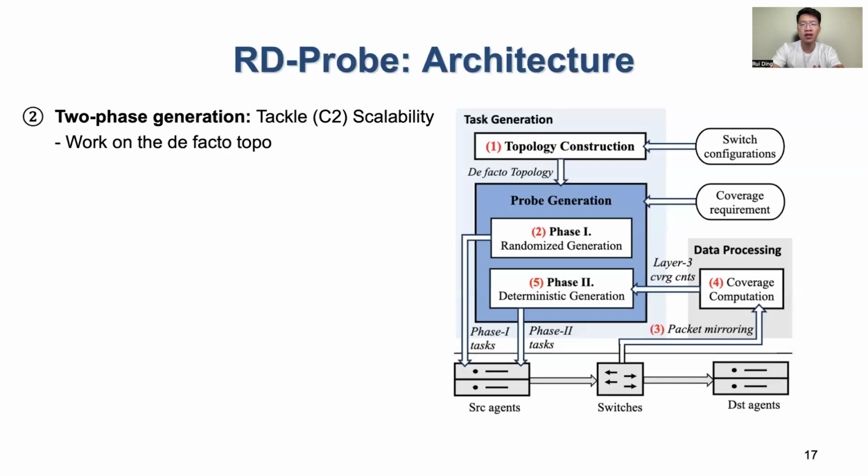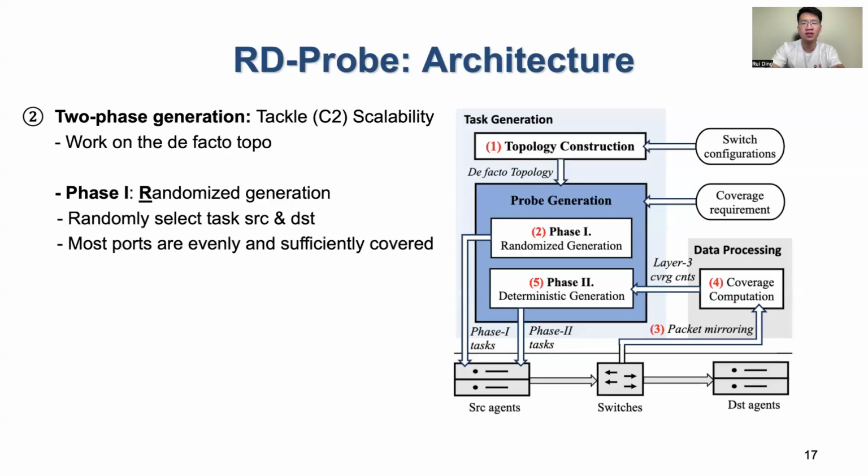Next, we come to the kernel of RDProbe, namely two-phase generation. It ensures sufficient coverage while addressing the scalability challenge in 2 phases. Phase 1 is randomized generation. Its high-level idea is that we can randomly select tasks with arbitrary sources and destinations so that most ports are evenly and sufficiently covered.